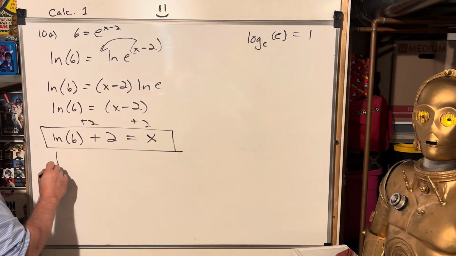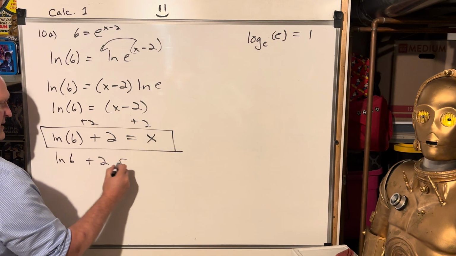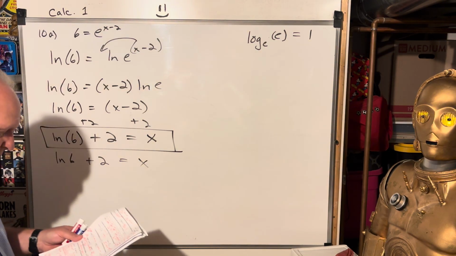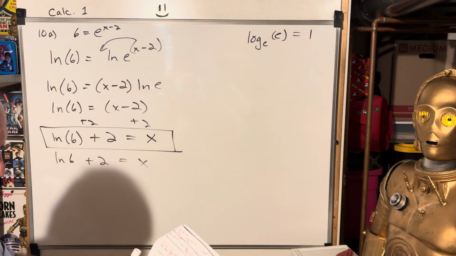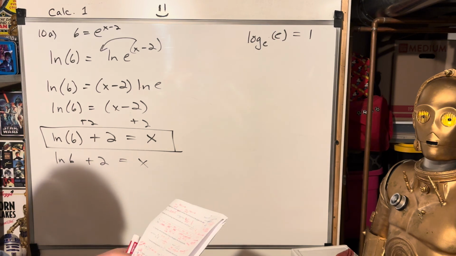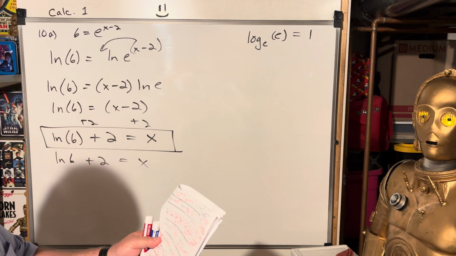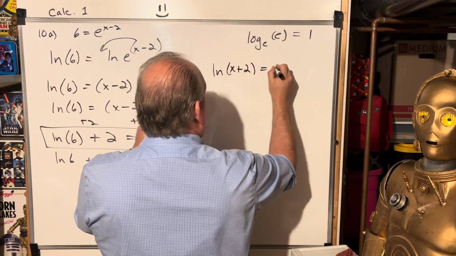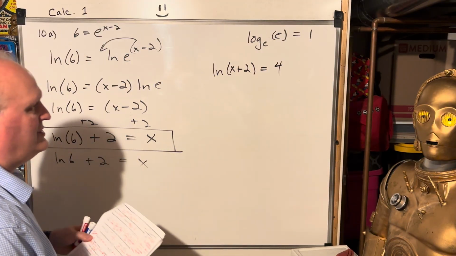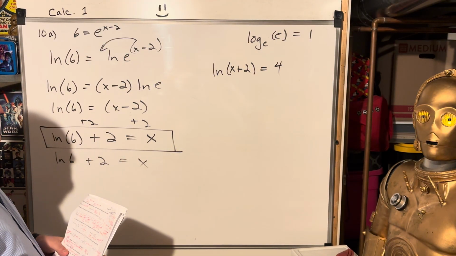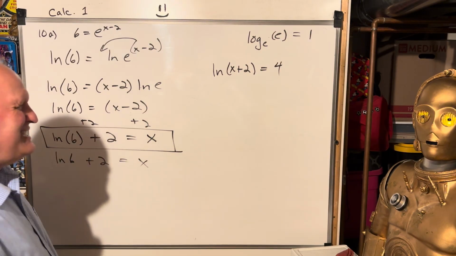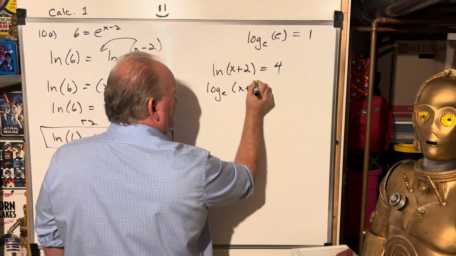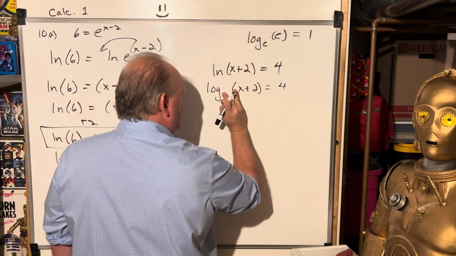And again, if you just told me ln 6 plus 2, that would be fine also. But this is also okay. All right. And then the last one on page 34 is ln of (x plus 2) is equal to 4. So again, when we want to do this, the easiest way is just to write it as an exponential.